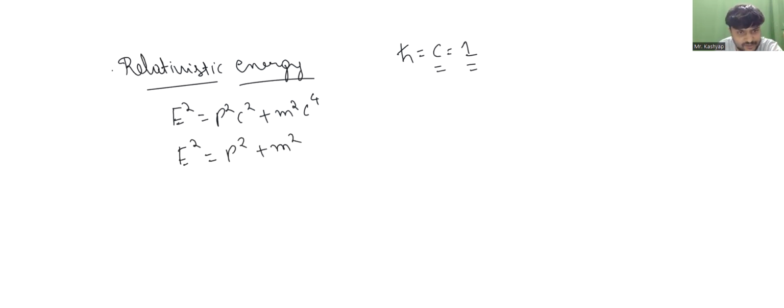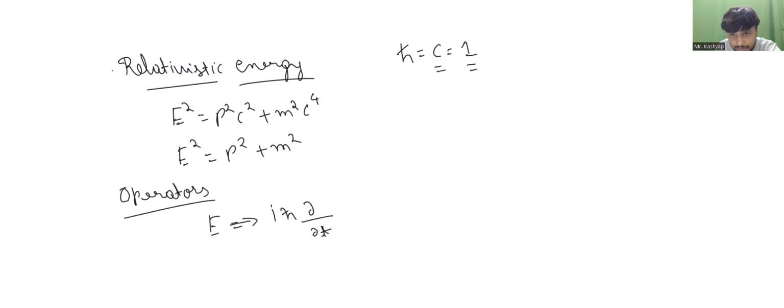And we will apply some operators to make it a much more simplified version. The energy operator would be i h cross dou by dou t, and the momentum would be minus i h cross del, right?